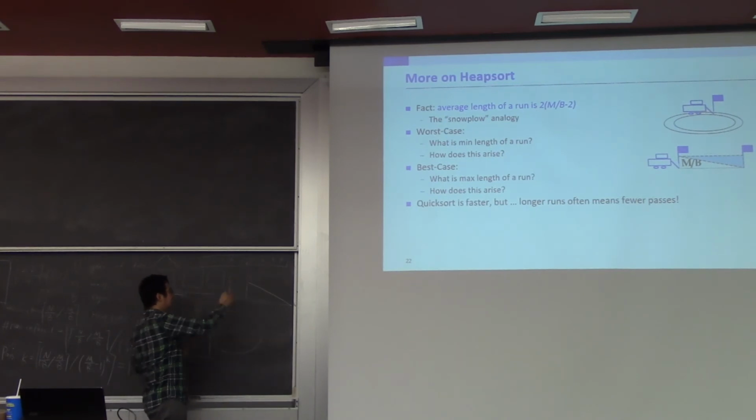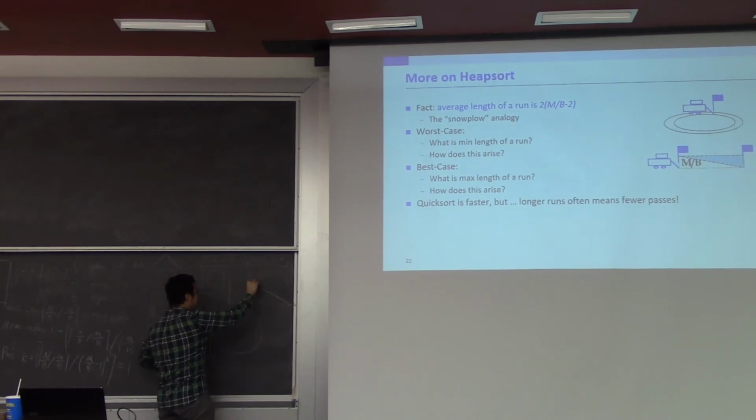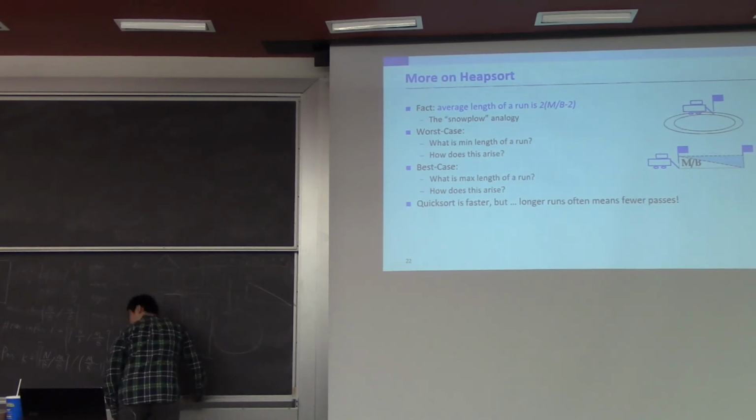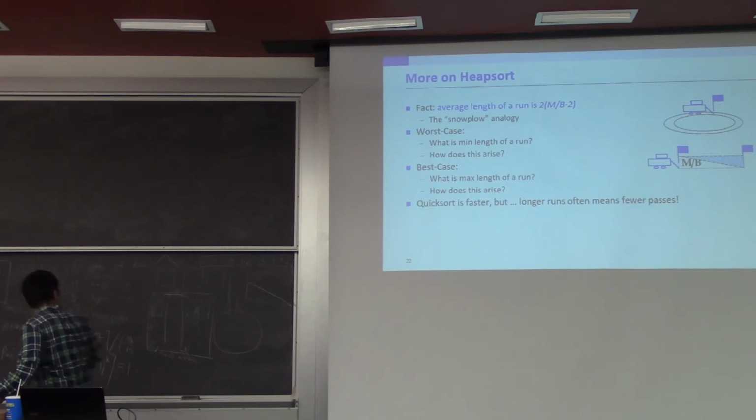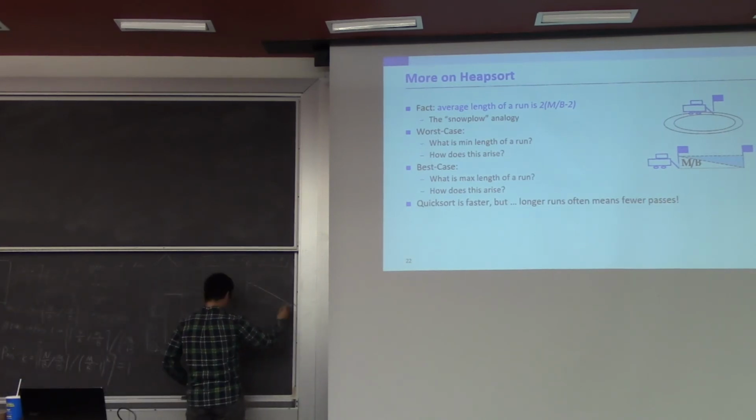So each time you move ahead, it's in a steady state. Actually, not quite. Should be like, if your snowplow is here and you move ahead a little bit, the snow in front of the plow is still zero, but here the snow is filled to the same height as this.